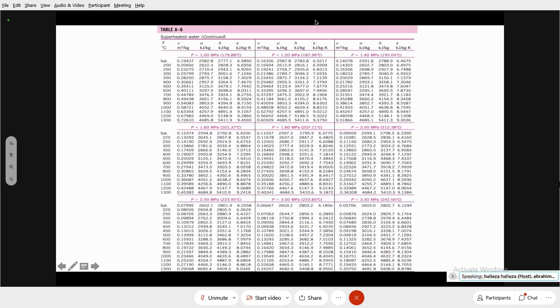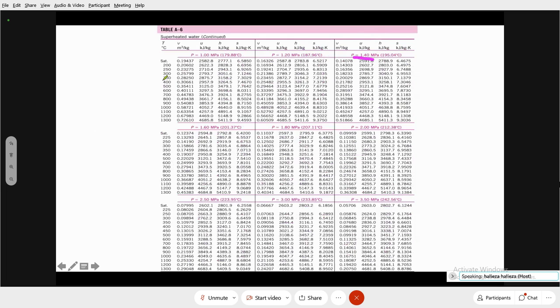Okay, I'm going to scribble. That's 1.4. Okay, what temperature is the steam coming in at? 350. Where is 350?